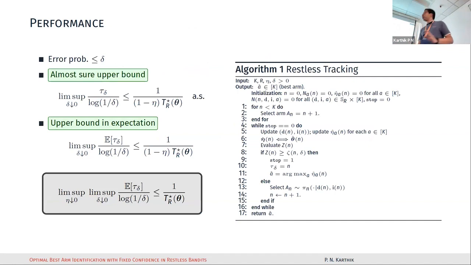So we are able to show that that particular policy, which is described here, satisfies the required error probability delta. Whatever delta you give me, it will satisfy the delta error probability. And it will also satisfy an upper bound like this. In particular, you can let eta be as close to 0 as you want to make the upper bound 1 by TR star equal to the lower bound, which is also 1 by TR star.